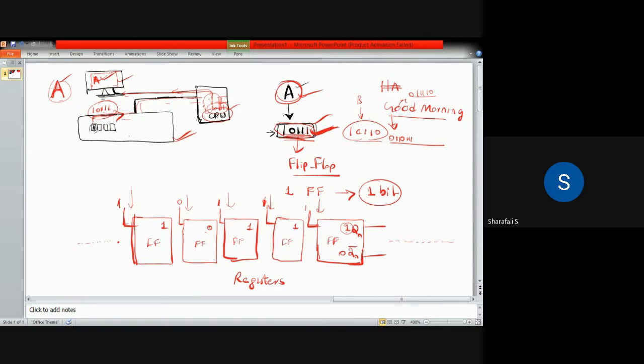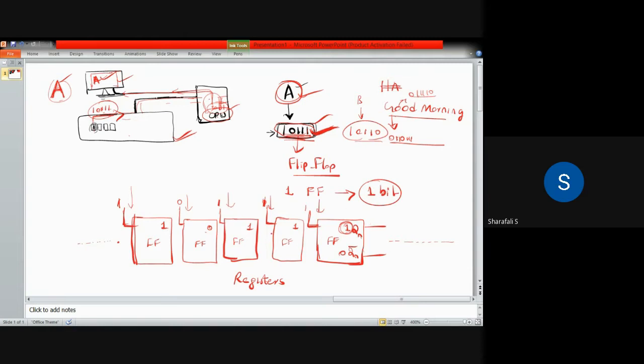So basically, in a single flip-flop, you can store only 1 bit of data. If you have n number of flip-flops, then we can store many bits of data at the same time. If you are using such a configuration, a group of flip-flops, then it is called a register. So we use a register to store this data.